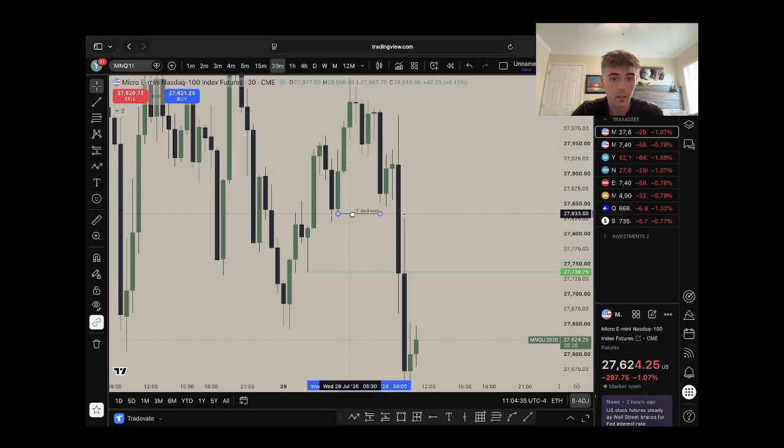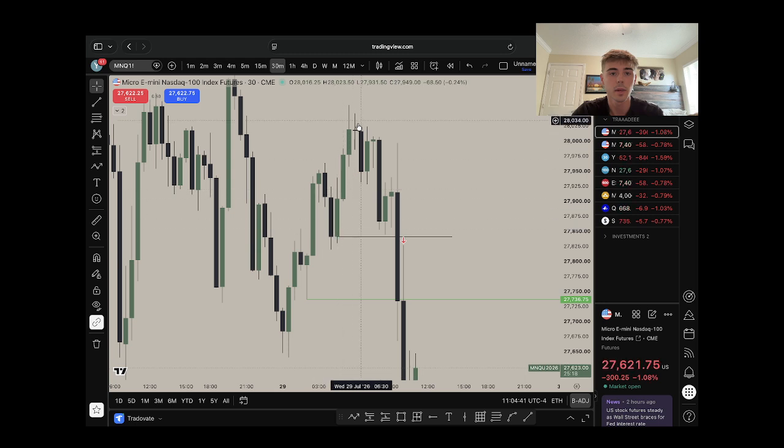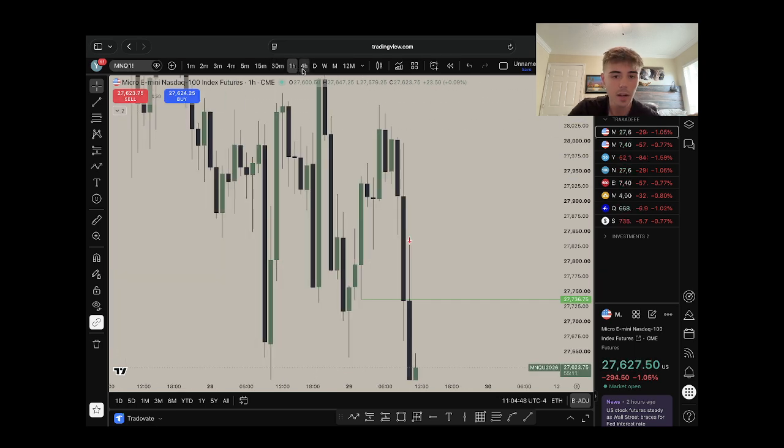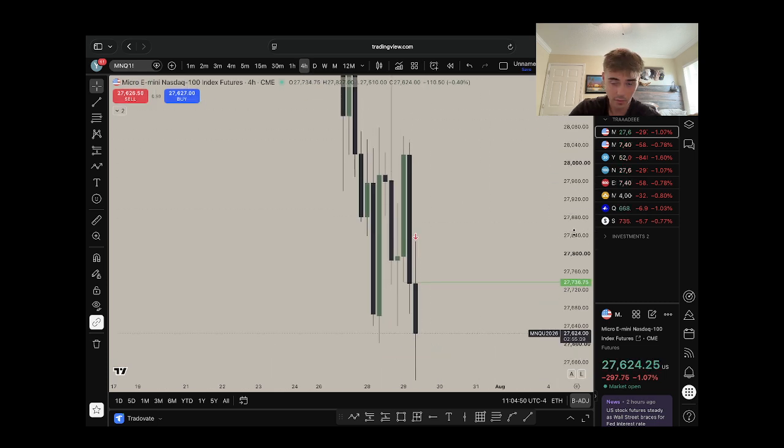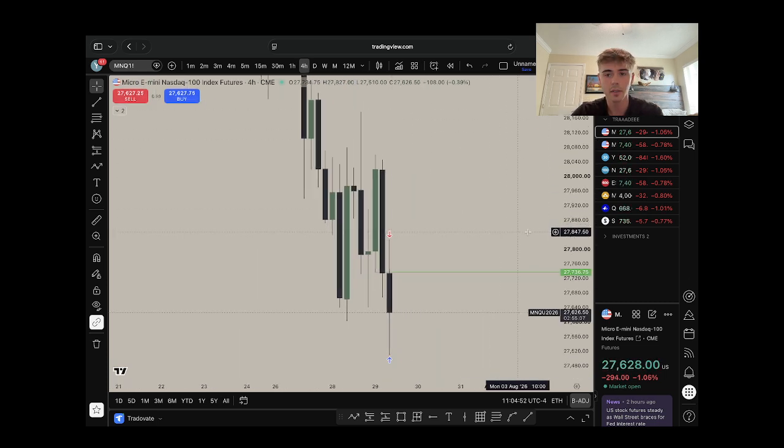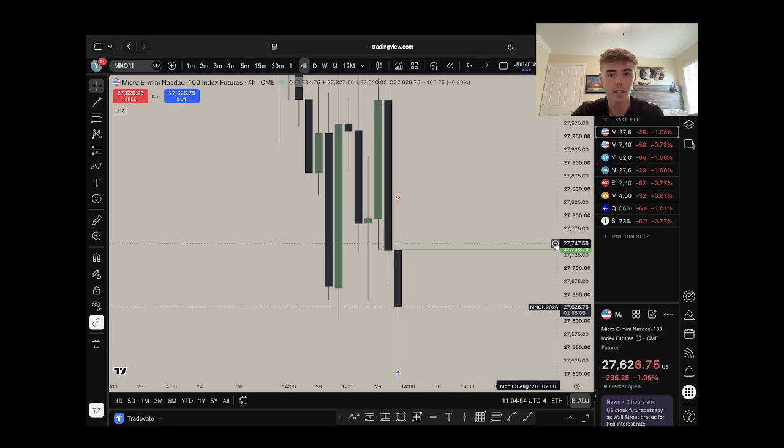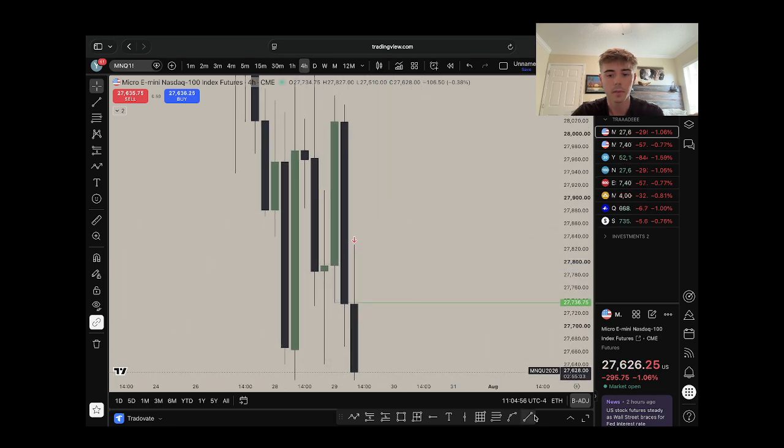And this was considered a change in the state of delivery, where price barely misses this 30-minute change in the state of delivery. So I just kept scaling up the time frames, and eventually got to the 4-hour time frame where we created this 4-hour order block.